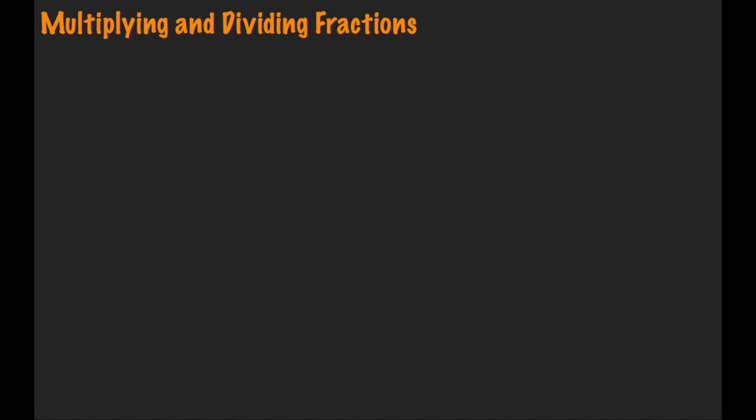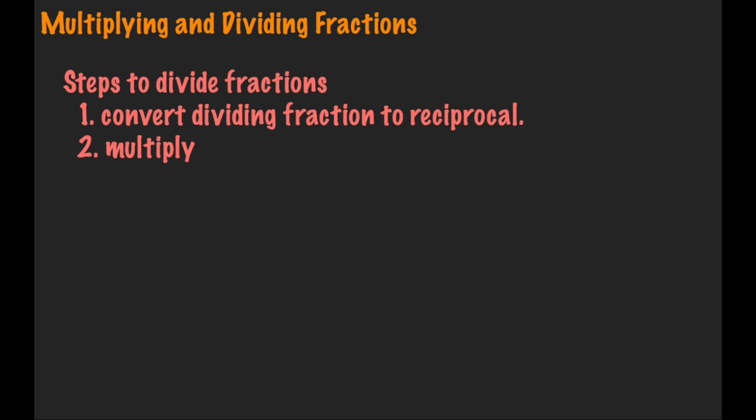With division, we will follow the same structure as with multiplication. Let's start by copying the steps in your notebook. So pause the video and go ahead. Now let's see how these steps work. Let's try an example. Let's say we have 1/2 divided by 1/4. The first step is to convert the dividing fraction, 1/4, to its reciprocal.